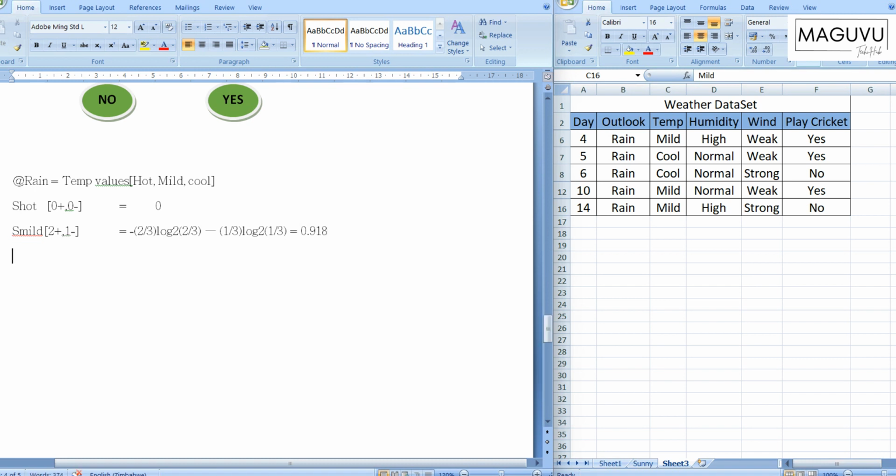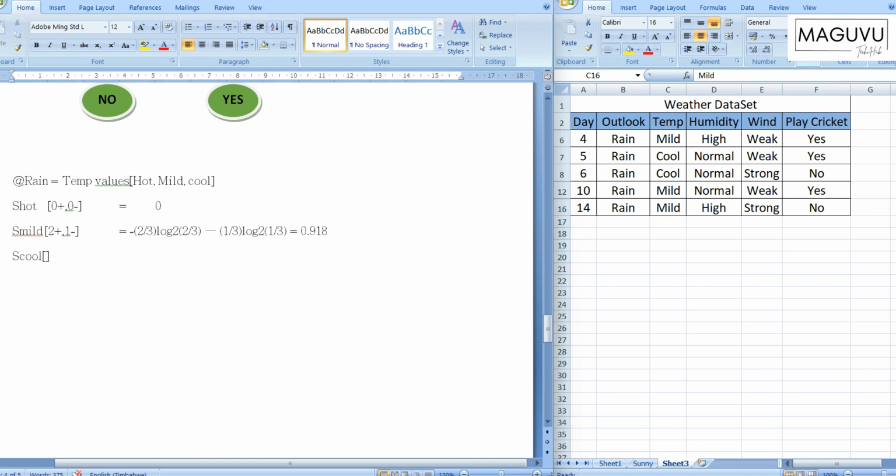Then we go to the last value, which is cool, and look at how many times cool appears. We can see that it appears twice, on day 5 and day 6.